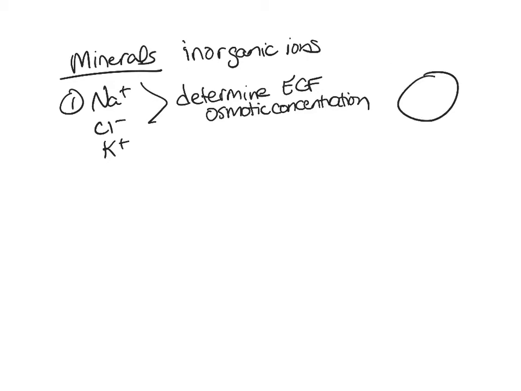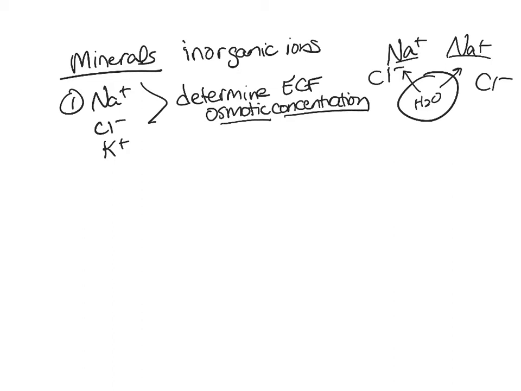So we know that sodium is more abundant outside the cell, and so is chloride. And so sodium and chloride are going to draw water towards them. And so how much sodium and chloride you have in that extracellular fluid is going to determine the osmotic concentration.